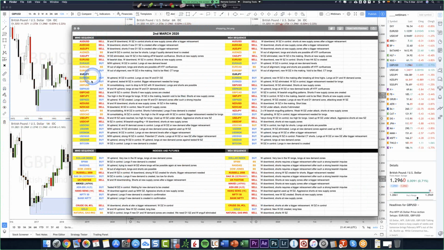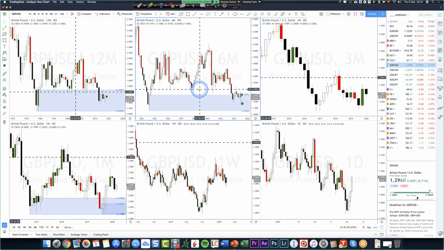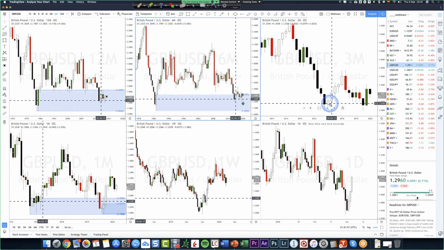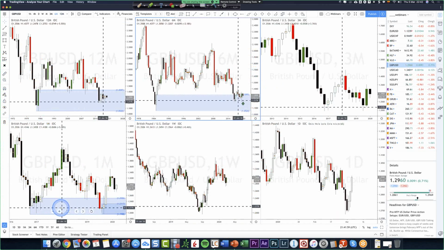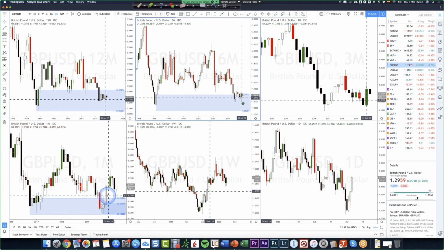So on the pound dollar, for example, we would say another column, long time bias, longs. Why? Because we have 12 months area of demand in control, 6 months area of demand in control, 3 months area of demand in control, monthly area of demand in control, new monthly area of demand. So what? Longs. Makes sense.